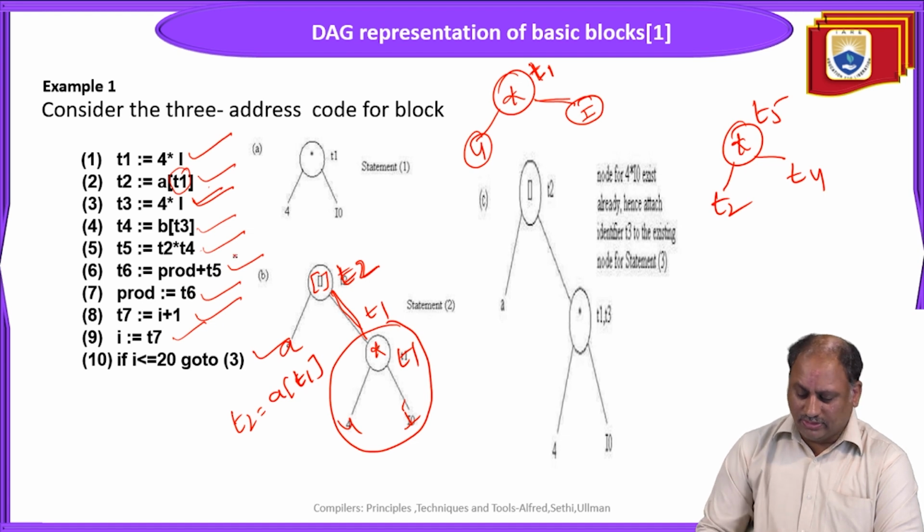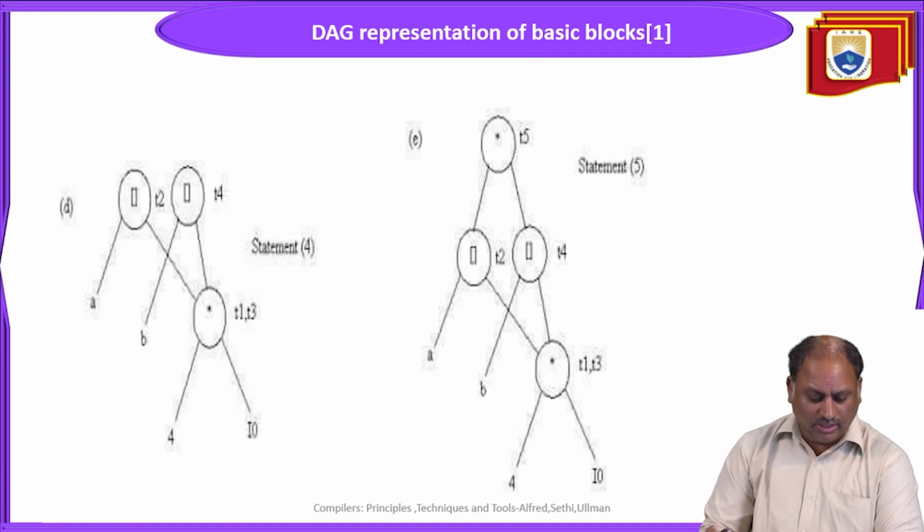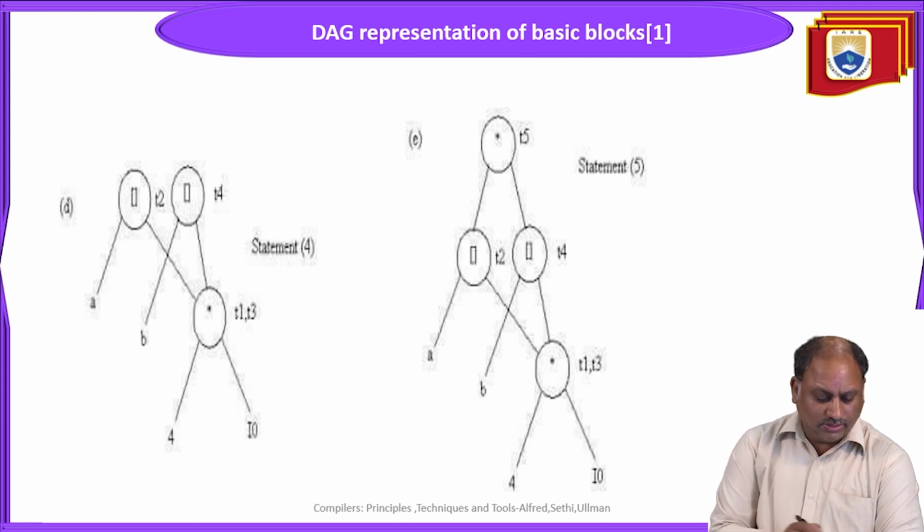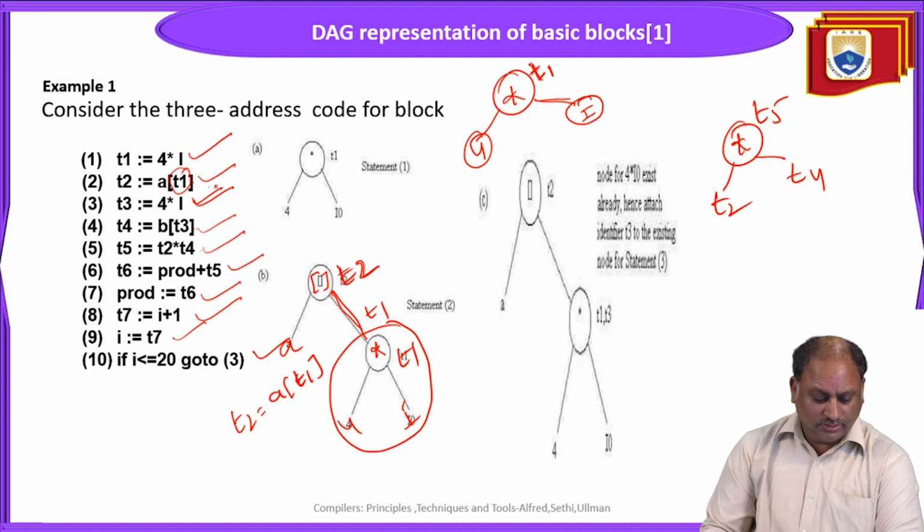Then prod plus T5. Like that we are going to give the index format. The previous ones are A of T1 and B of T3, so these two arrays are represented as T2 and T4. T2 is A of T1, T4 is B of T3.